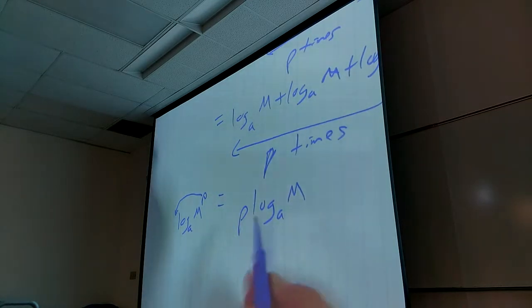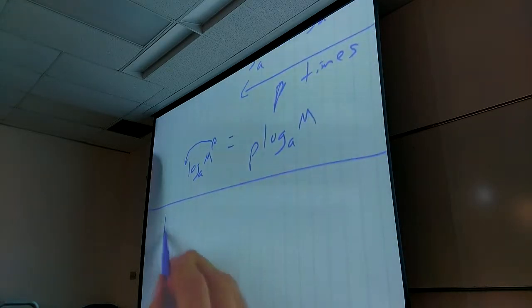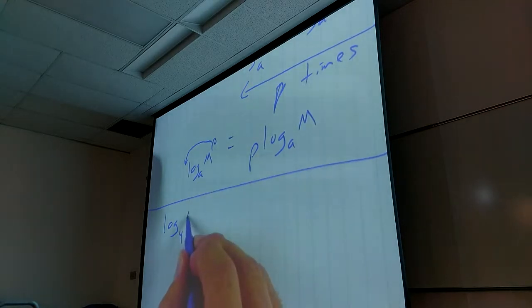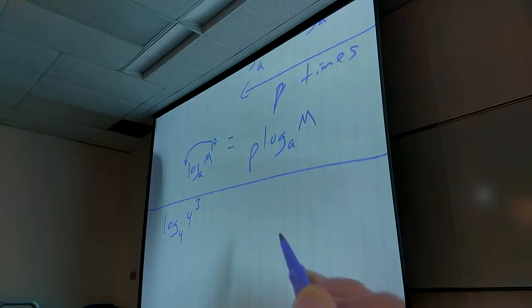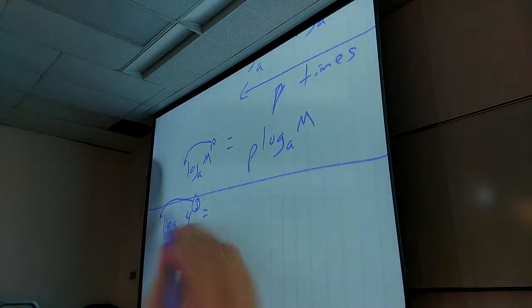Let's try a concrete example. Log base 4 of 4 cubed. What would that be, of course? It should be 3, right? So see, if I use this property, the 3 just comes out.